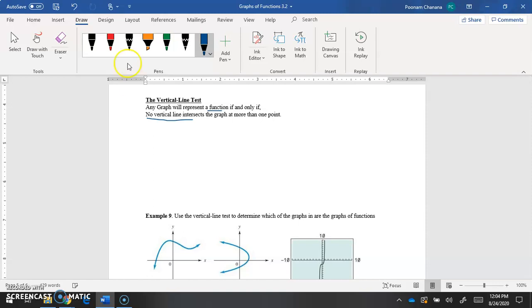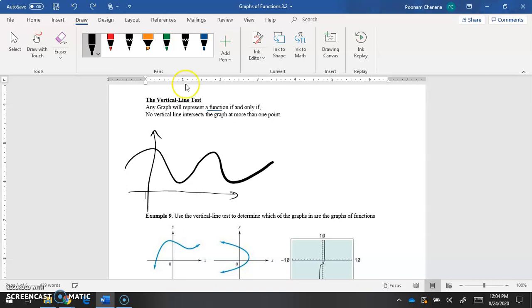Suppose I have a graph, something like this, some random graph. If I can draw as many vertical lines as I want and none of them intersect the graph at more than one point, what does that mean?